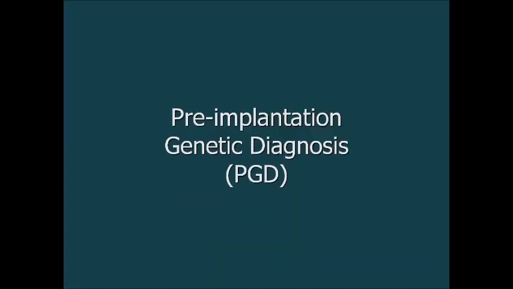Well, expanded carrier screening, again, was first implemented in the reproductive endocrinology infertility environment or assisted reproductive technology environment, and pre-implantation genetic diagnosis took over as the genetic laboratories in this area.